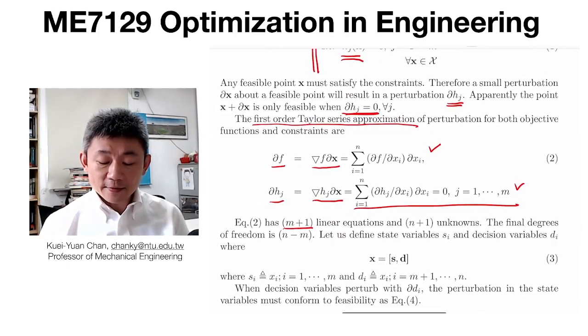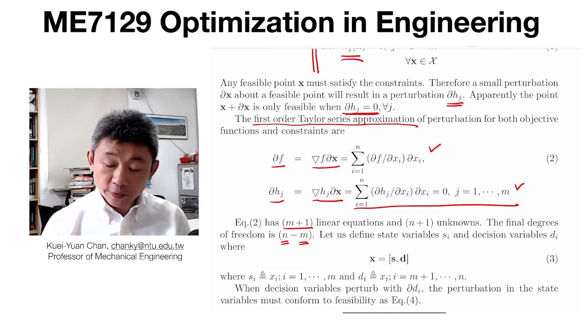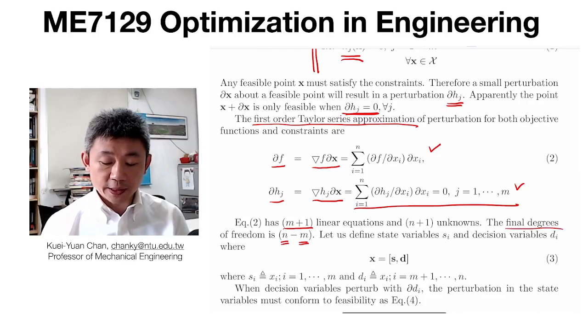So the final degrees of freedom is the number of unknowns, the dimension of x, minus the number of equality constraints. That's the final degrees of freedom.